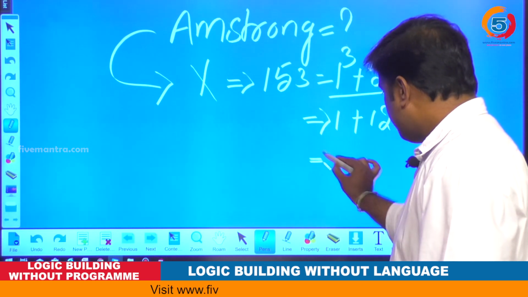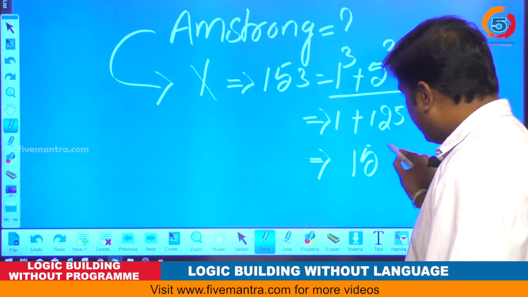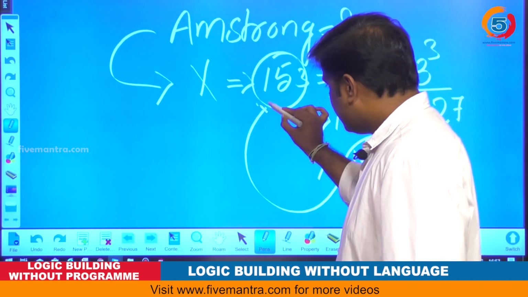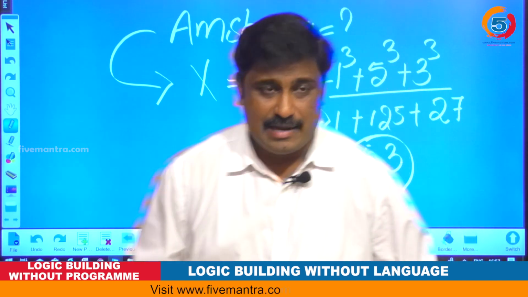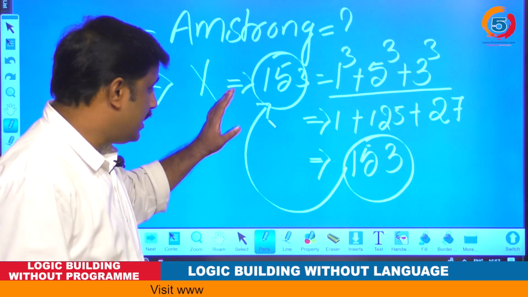If you add the summation of these 3 cubes, you get 153 once again. It is the same number, and that number we call an Armstrong number.